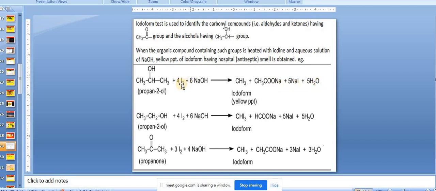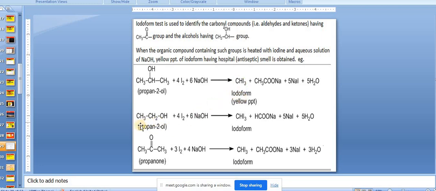After you know that 4 and 6 will be used, 8 iodine comes here and 3 iodine goes with iodoform, and 5 NaI, 5 water. Very easy to write the reactions, and you will write yellow ppt besides the iodoform name.